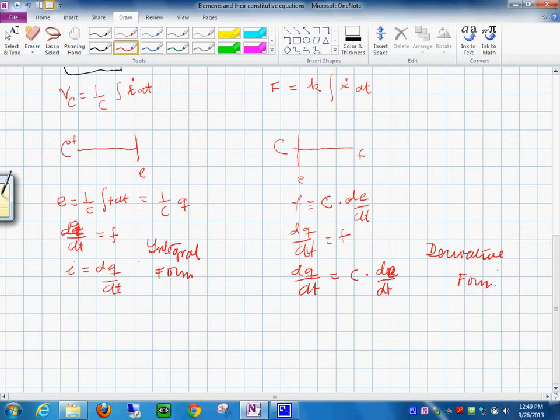Derivative form. So this is for the C element, and we've got to know that this will produce a differential equation like you see in here.